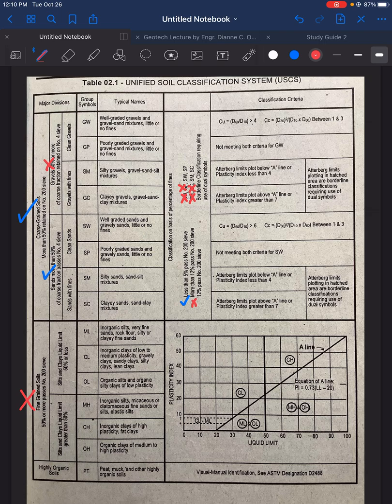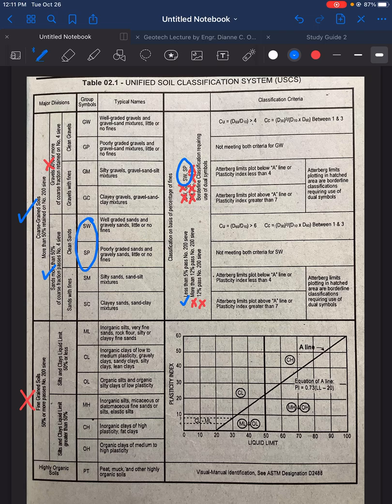Okay, not even this one. Right, so eliminated SM and SC. So what's left is SW and SP. So we will choose between these two.